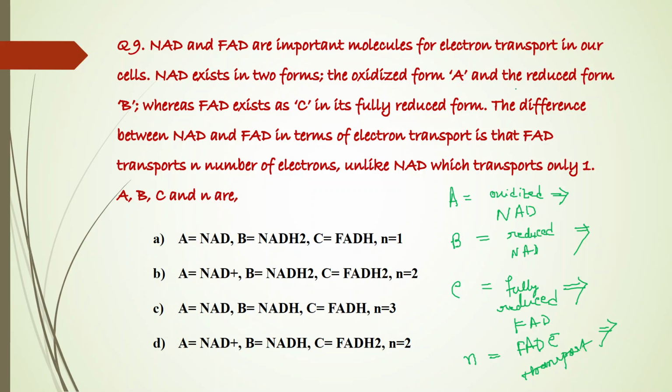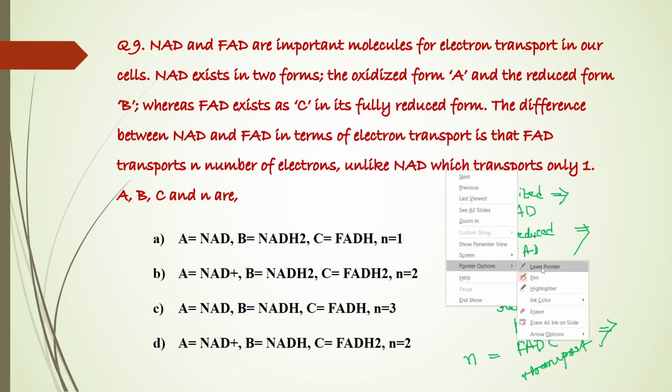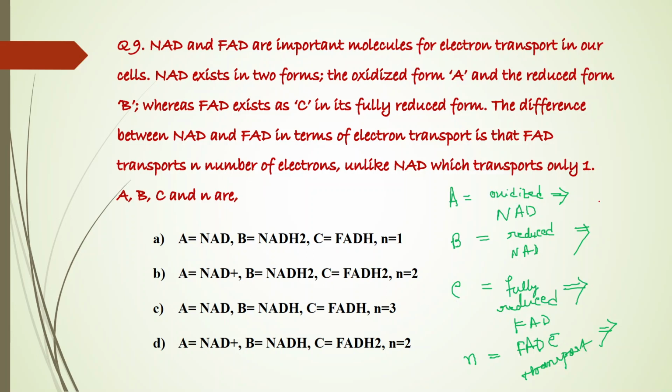So A is the oxidized form of NAD. So what should be the correct answer? What is the oxidized form of NAD? It is NAD plus, the plus sign. Okay, so let me write it down. The oxidized form of NAD is known as NAD plus, obviously. B is the reduced form of NAD.